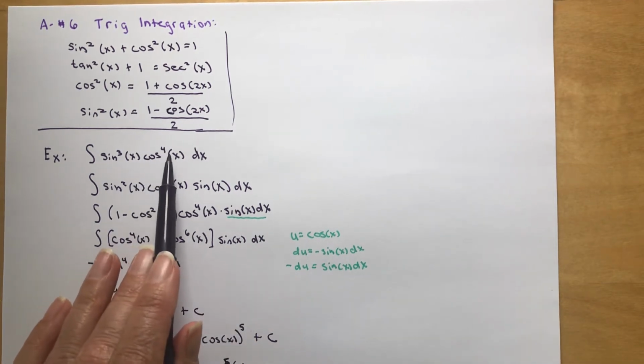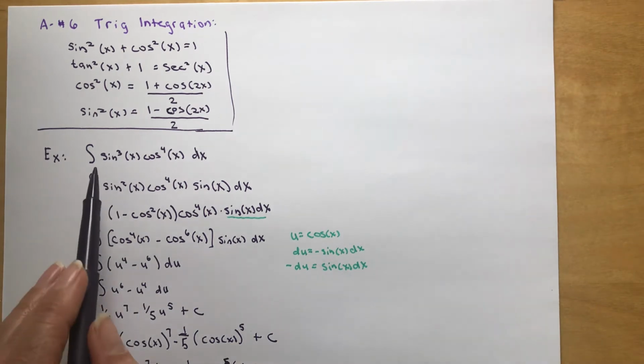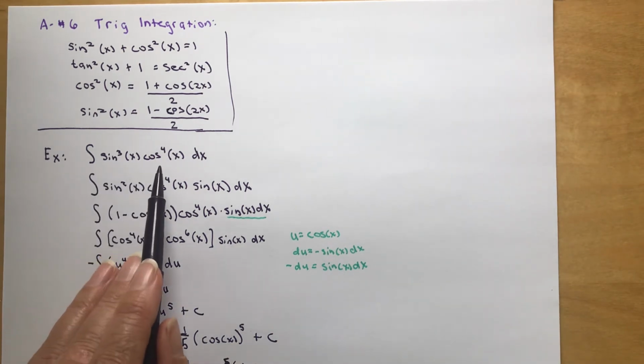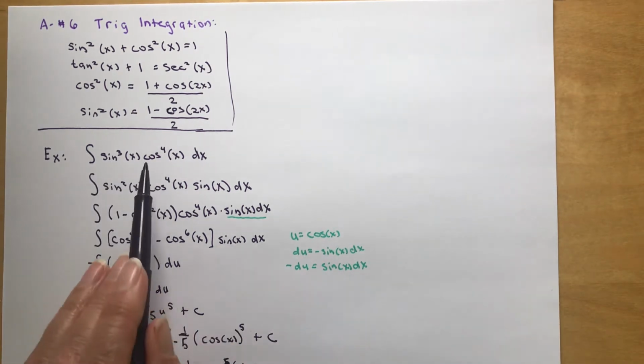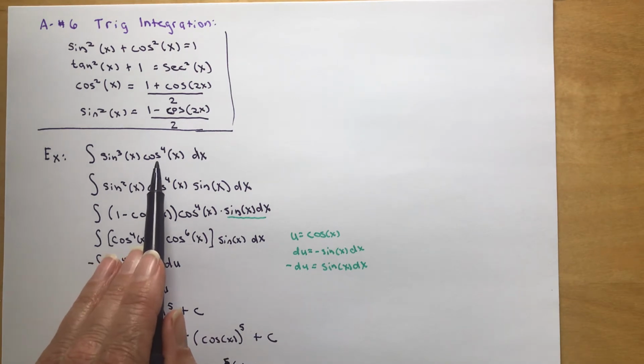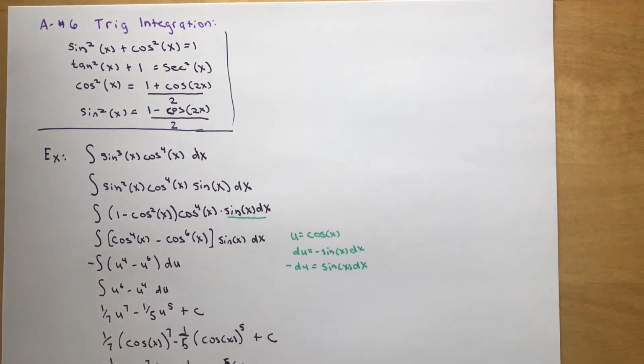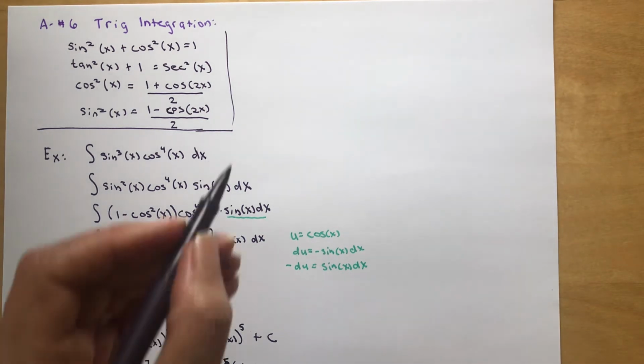This cosine could have been any power, but using the odd power to be your du and the even power to be your u sub is perhaps a good tip, but you'll have to play around with them and just know that it's just a u substitution.